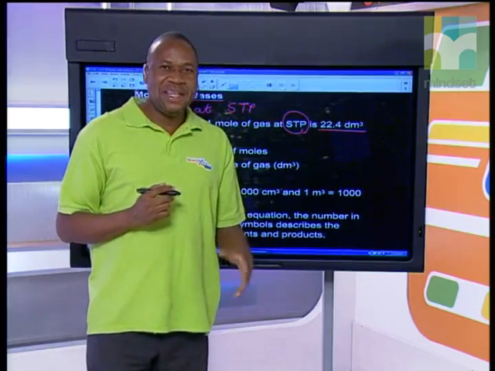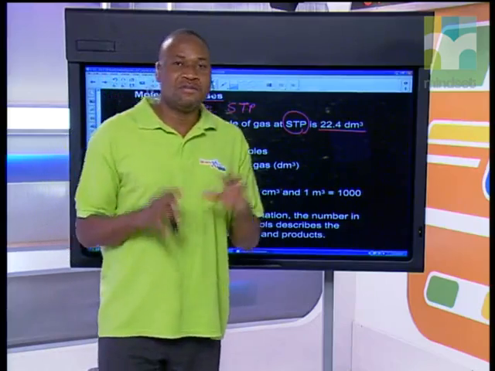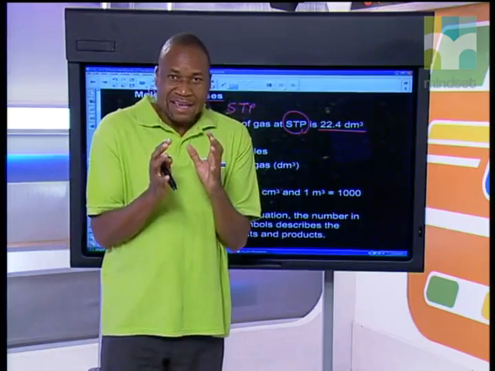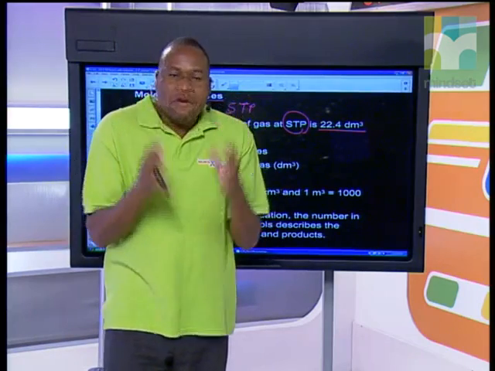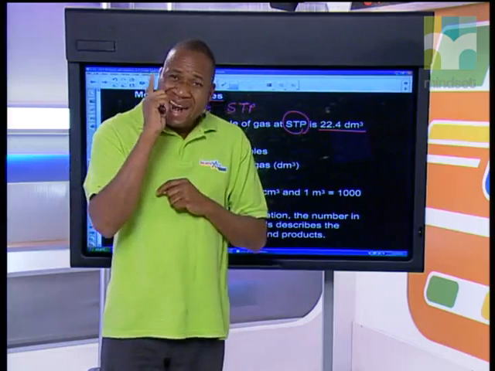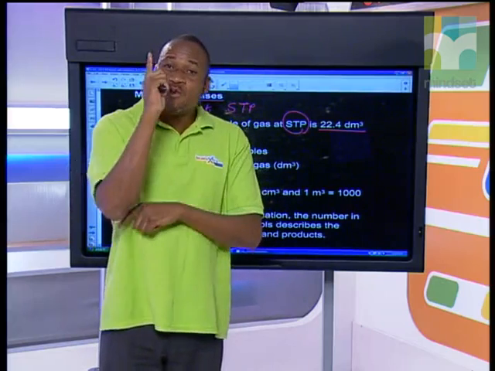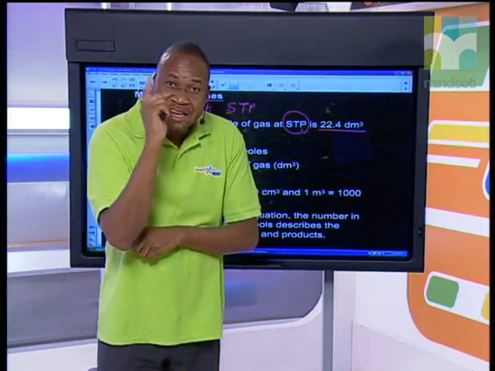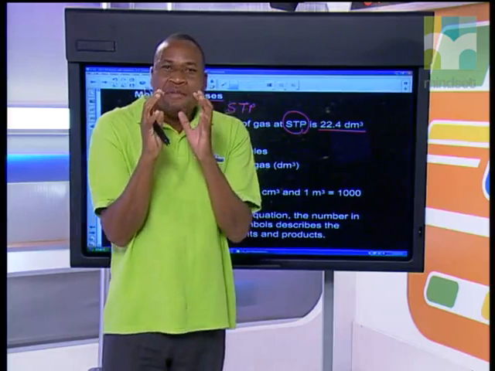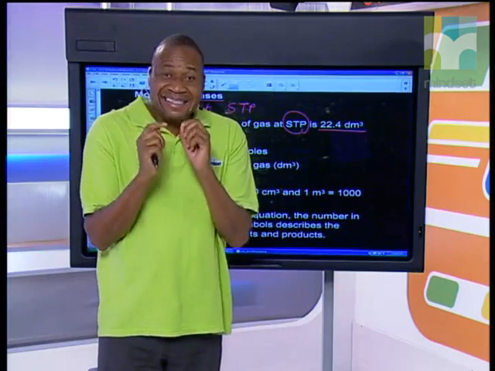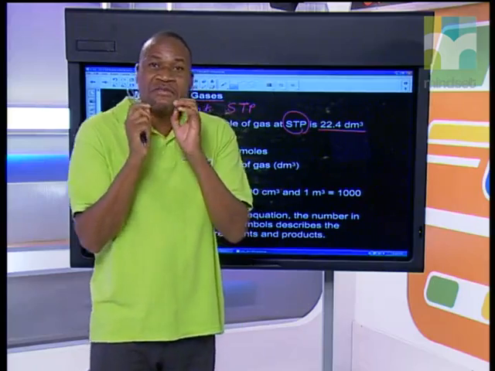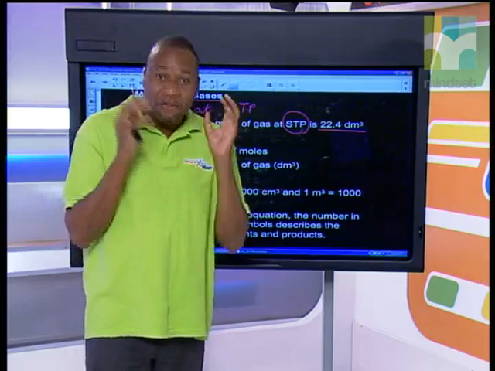Let me explain this a little bit, because I think some people get it confused. What we are saying with standard values is the volume that can be occupied by 1 mole of a gas. If I've got 1 mole of a gas, say nitrogen dioxide, 1 mole of nitrogen dioxide at STP will occupy 22.4 cubic decimeters of volume.